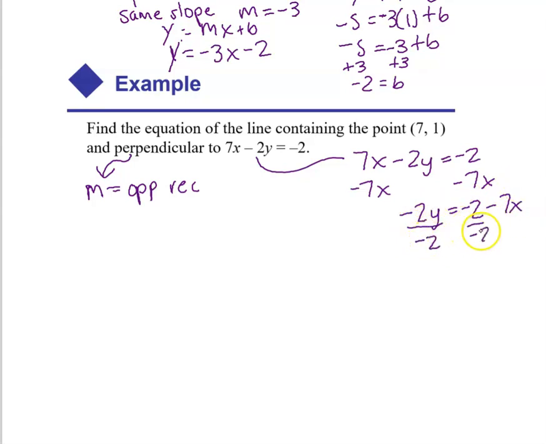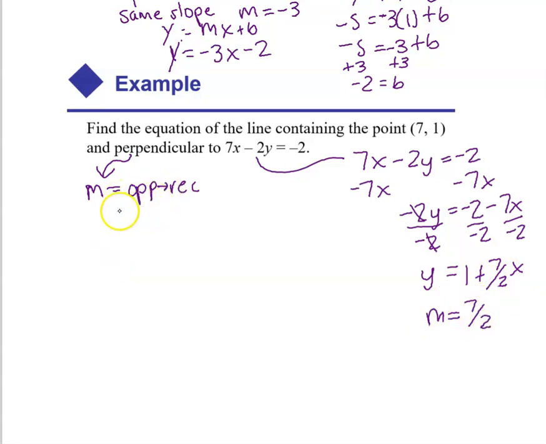Divide everything by negative 2. So y is equal to negative 2 divided by negative 2, that's 1. This is going to be a positive 7 over 2 times x. Okay, so that means that my slope would be 7 over 2.